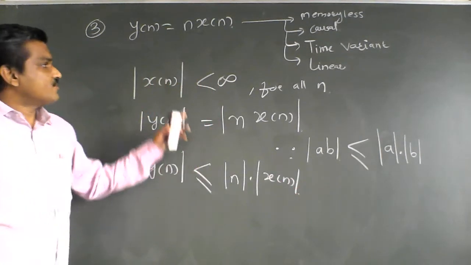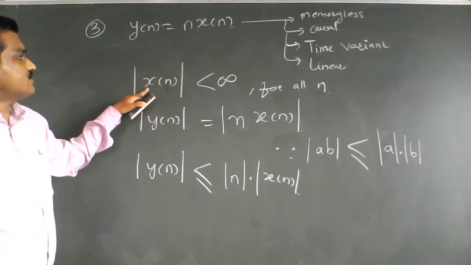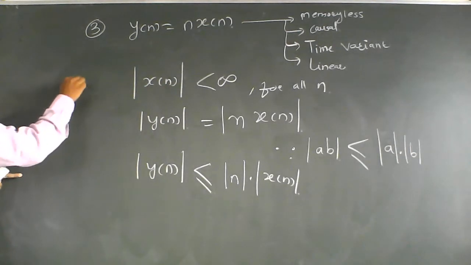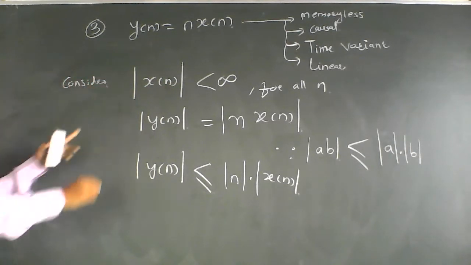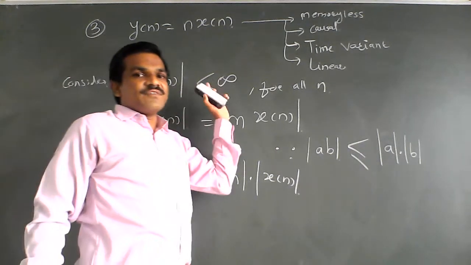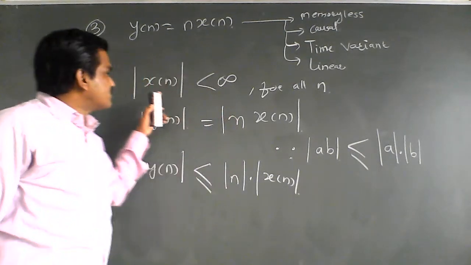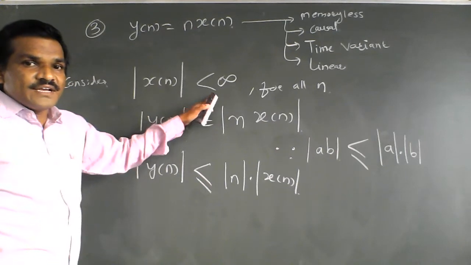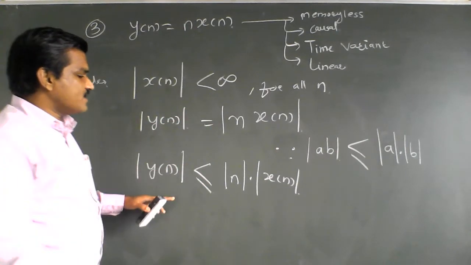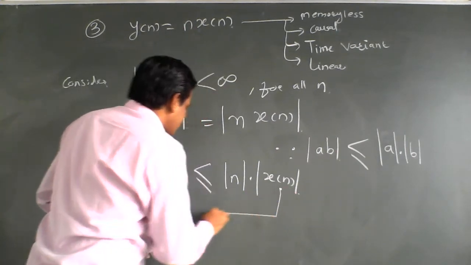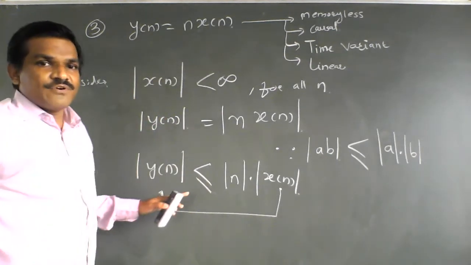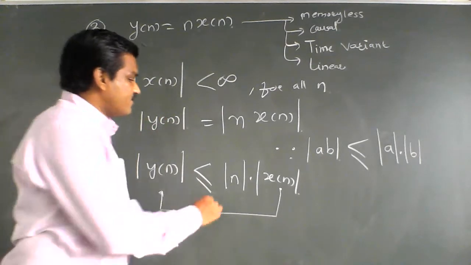Now we considered mod of x of n to be less than infinity, or we can say it's bounded. So if x of n is bounded, the magnitude of output may be bounded, but here the variable n comes.